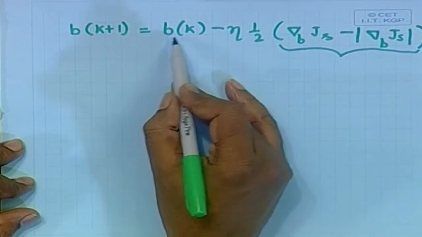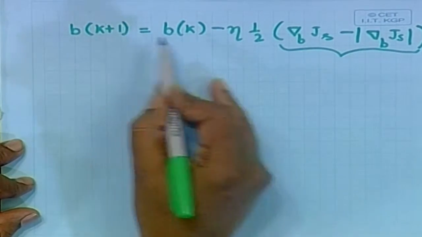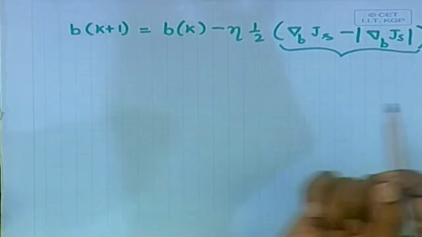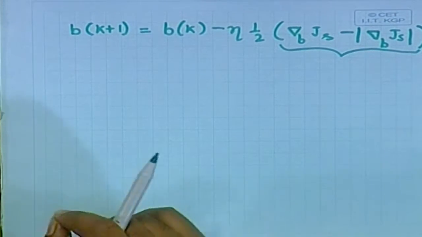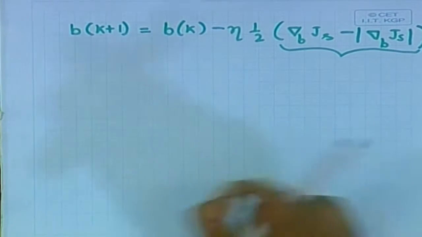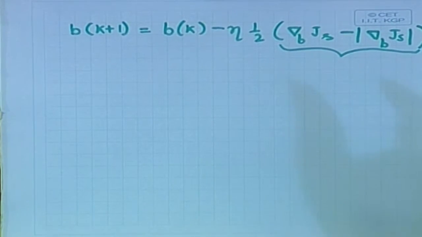Effectively, to obtain b(k+1) from b(k), I am adding a quantity. I am not subtracting any quantity from b(k). That ensures that b(k+1) can be at most greater than b(k). It can never be less than b(k).